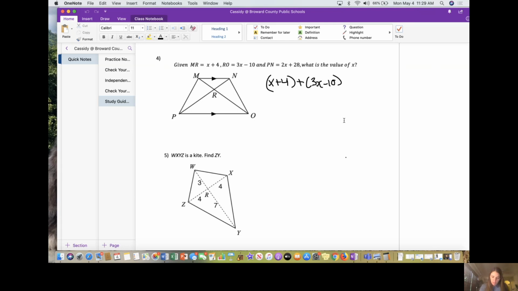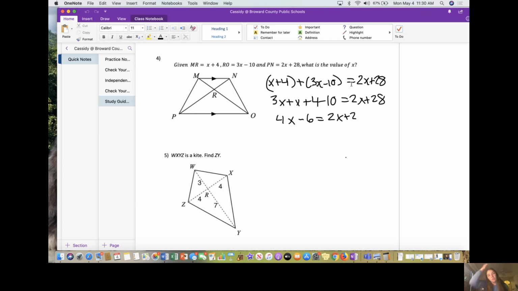We've got 3x and x plus 4 minus 10 equals 2x plus 28. All I did was rearrange it so that I put the x's next to each other and the other numbers next to each other. 3x and x gives me 4x. 4 minus 10 gives me negative 6. And this is still 2x plus 28.